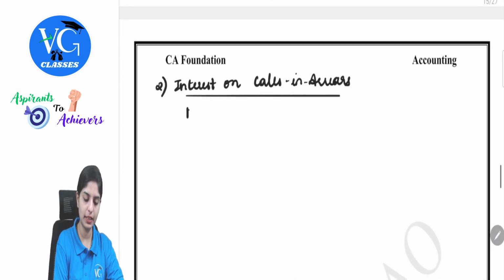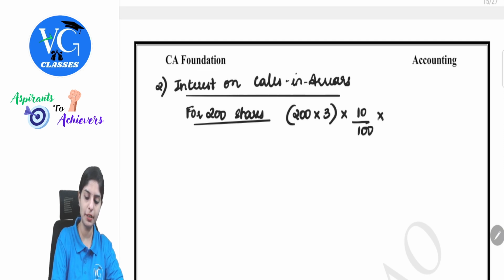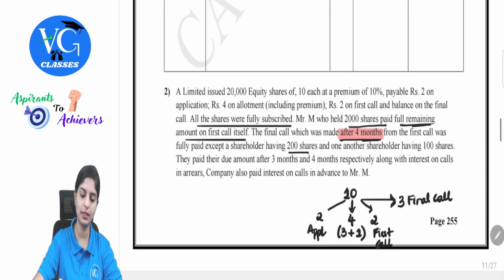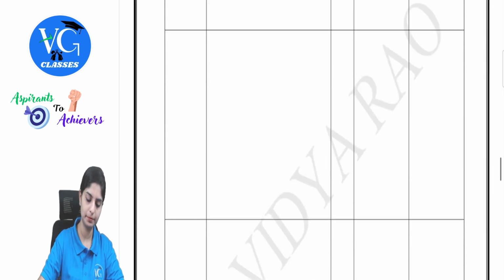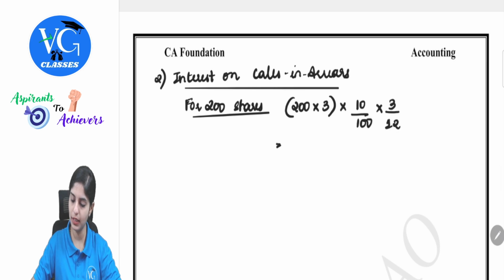We will do it separately. 200 into 3 rupees, that is the final call amount, into 10% for 3 months, into 3 by 12.